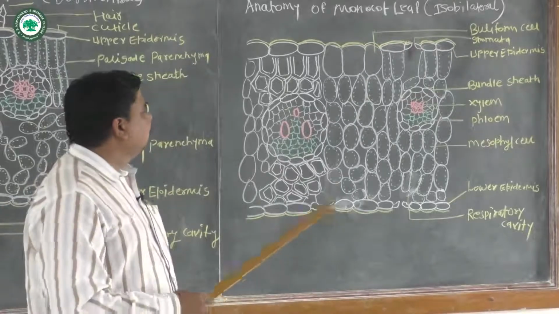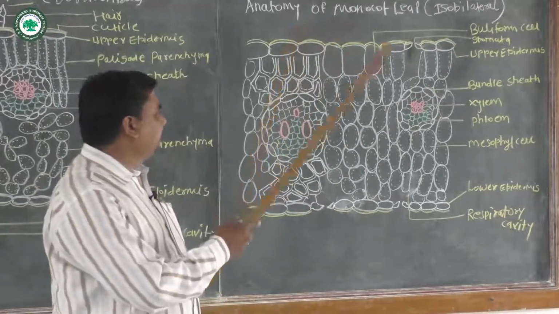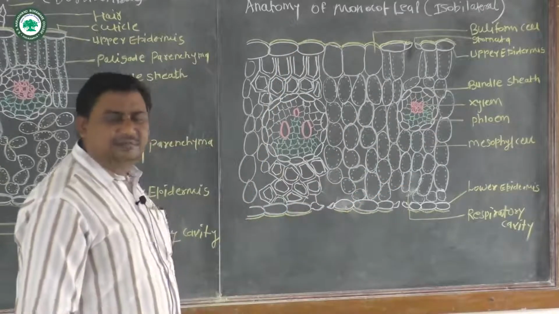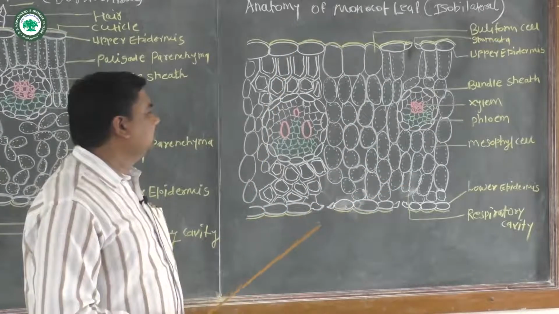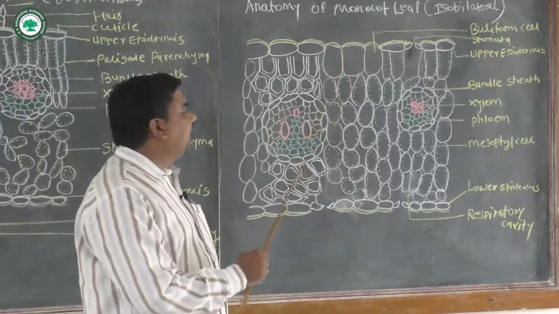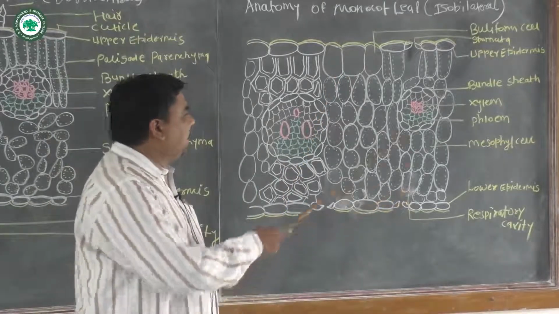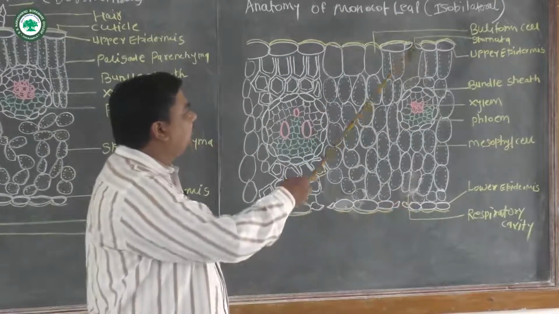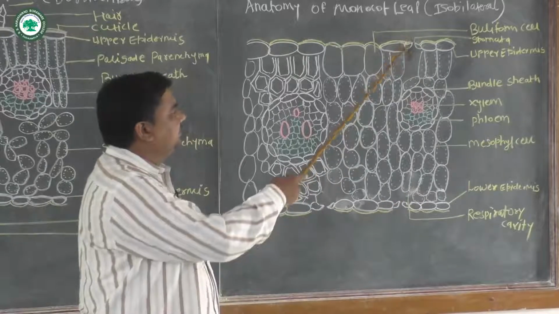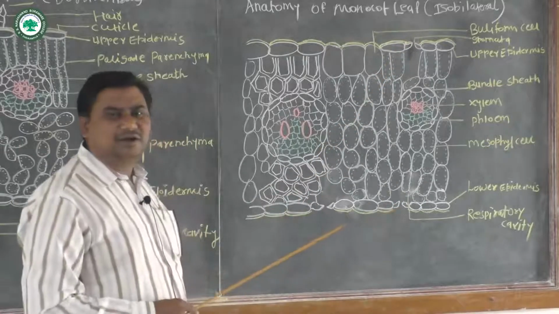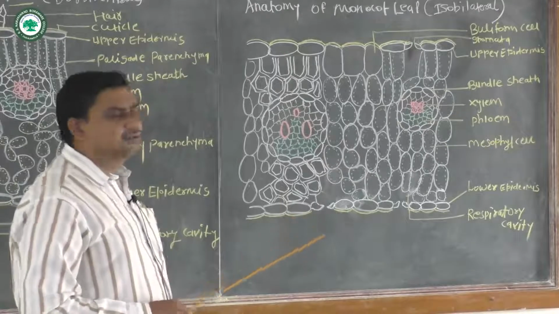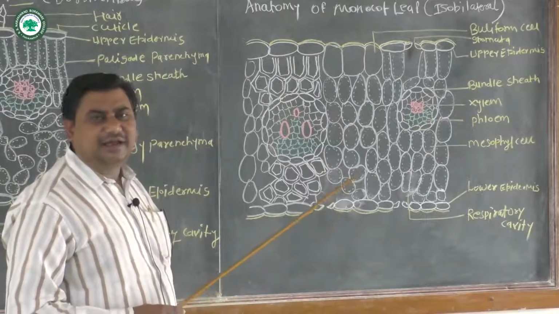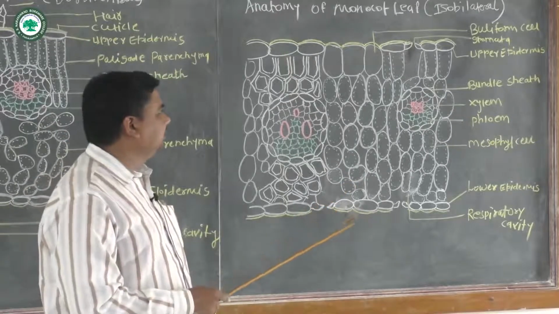Here also there is again an upper epidermis and lower epidermis. Friends, you can observe here that stomata are present on both the epidermis, so the leaf is called an amphistomatic leaf.